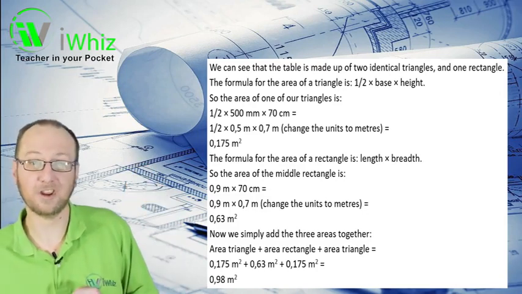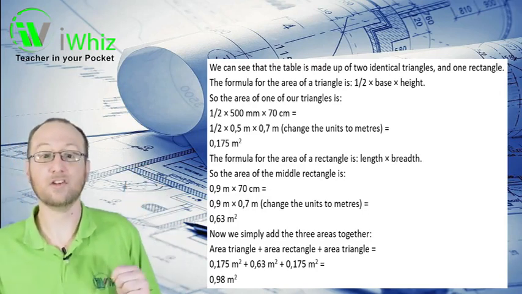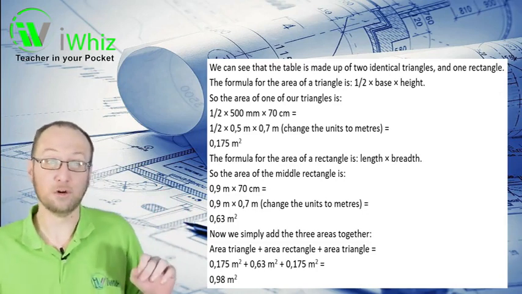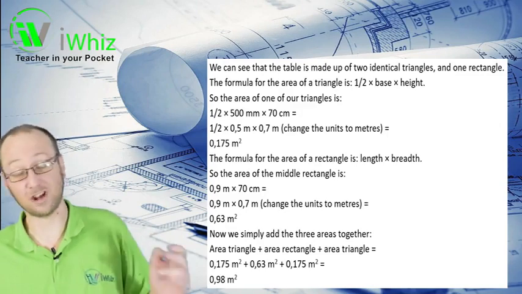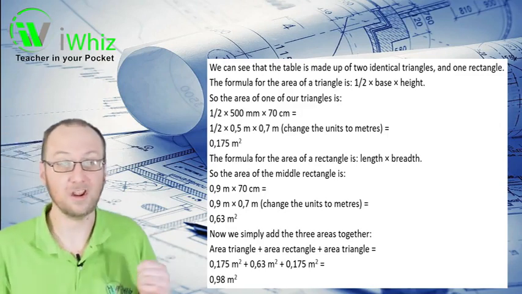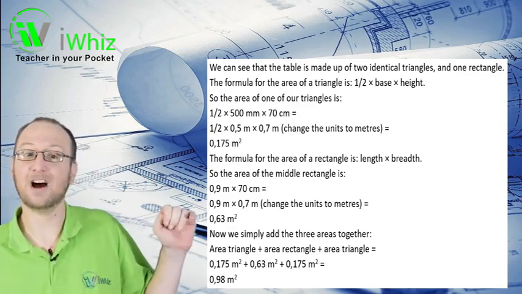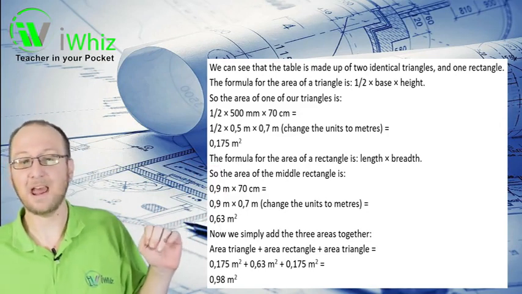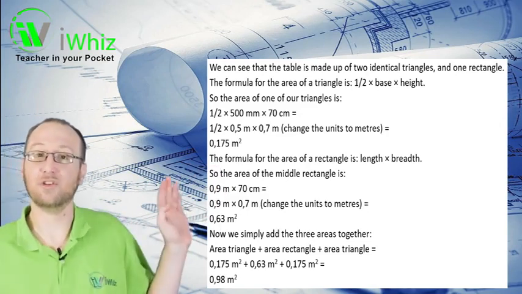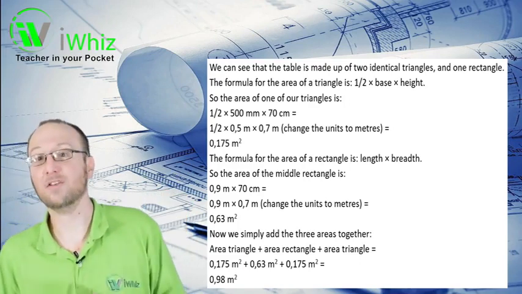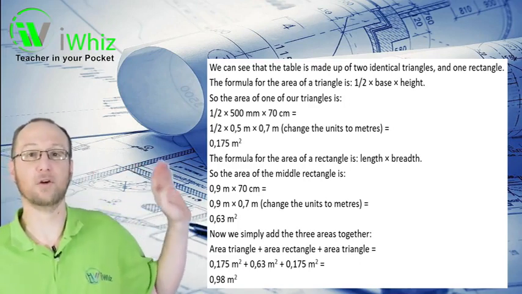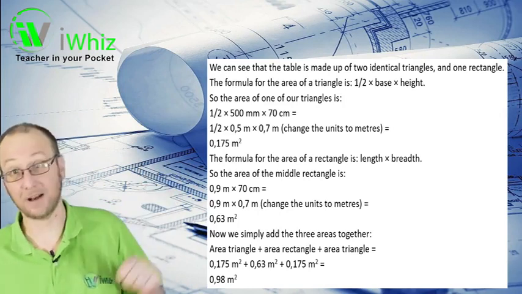The rectangle, we're going to go the length of the rectangle multiplied by the width or breadth of the rectangle. So the area in the middle there will be 0.9 meters times 70 centimeters. Change the 70 centimeters into meters. So 0.9 meters times 0.7 meters. And when we do that, we end up with 0.63 meters squared. Now what we need to do is add the area of those triangles to the area of the rectangle.